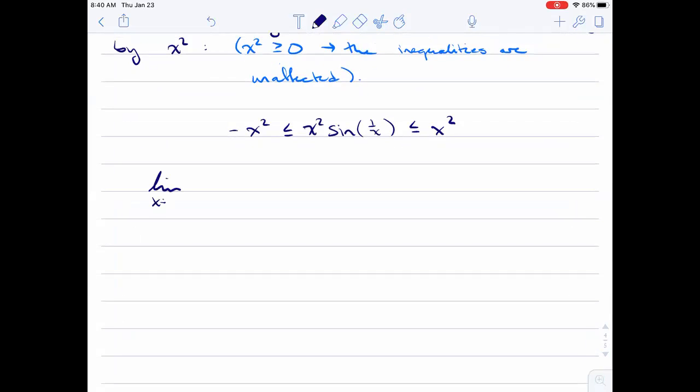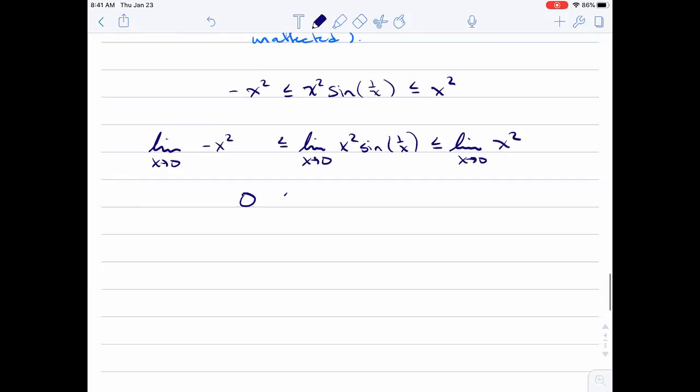The limit as x goes to 0 of negative x squared is less than or equal to the limit as x goes to 0 of x squared sine 1 over x, which is less than or equal to the limit as x goes to 0 of x squared, which is 0.